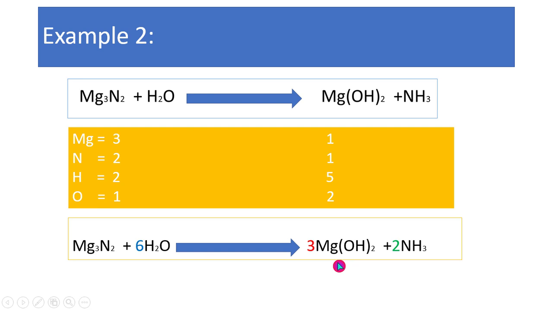The number of hydrogen atoms is 12 in the reactants, and 12 in the products. Again, we must remember that we first balance metal atoms, then we balance non-metal atoms, then we balance oxygen atoms, then we balance hydrogen atoms.